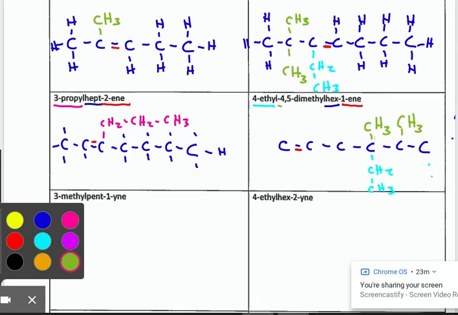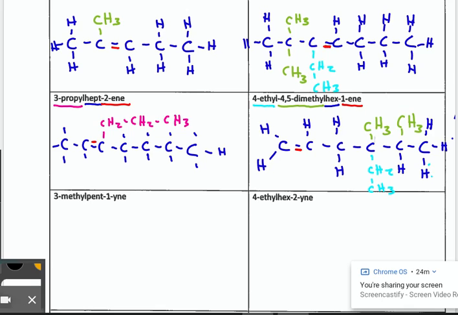Again, everything's underlined, which means I have all the parts I need for this molecule. Okay, so that's what our finished molecule is going to look like.